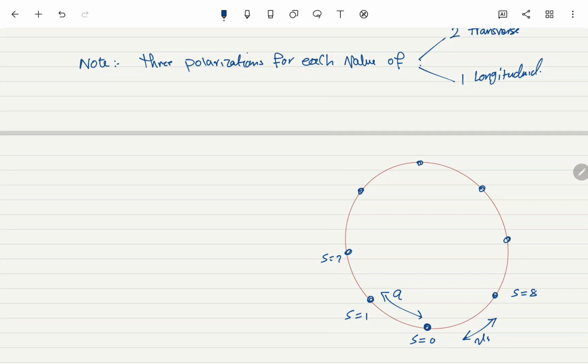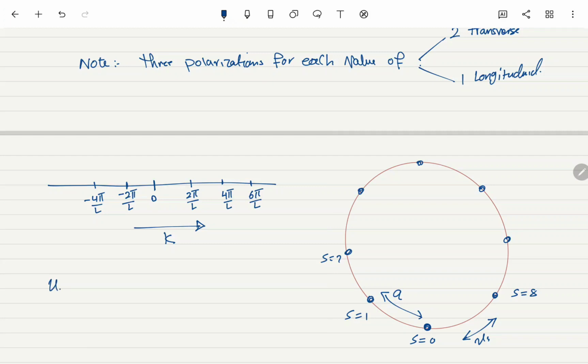Because of the symmetry, the allowed values for k are 0, 2π/L, 4π/L, 6π/L, again minus 2π/L, minus 4π/L, and so on, and this is k.